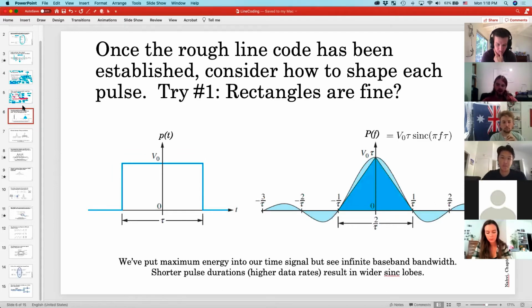I'm assuming p of t is like a 1, in terms of binary, and you're sending 1 0 1 0 1 1 1. So I'm assuming you're sending multiple rectangle functions. If you took a higher bandwidth, would those cause overlap and interfere with each other, or not necessarily? Would they be too long?